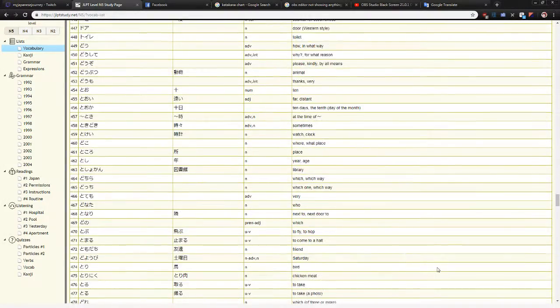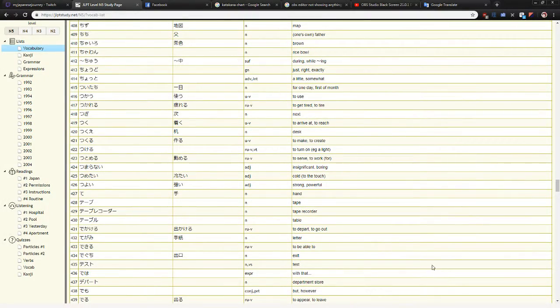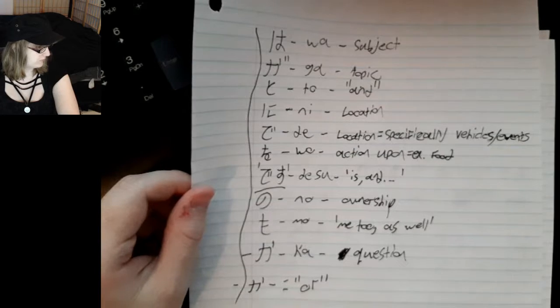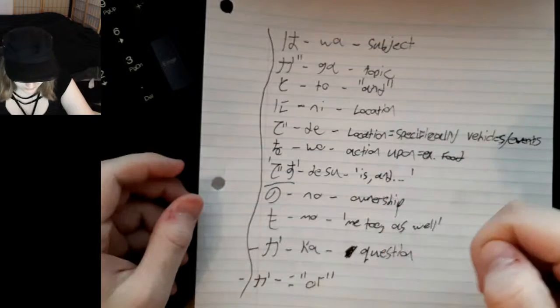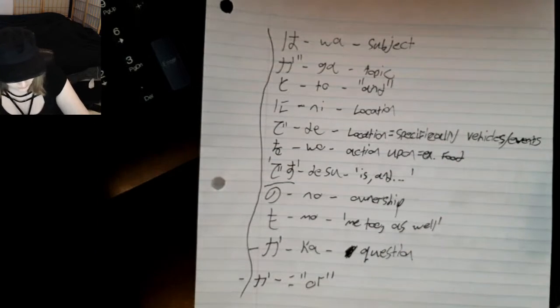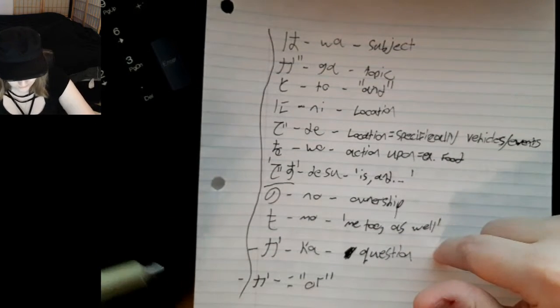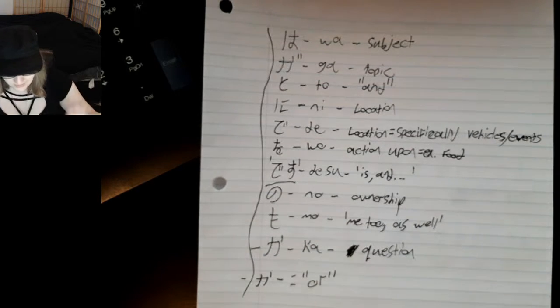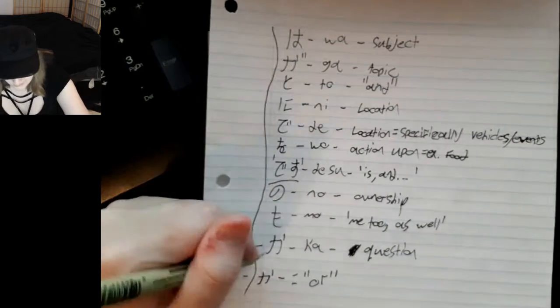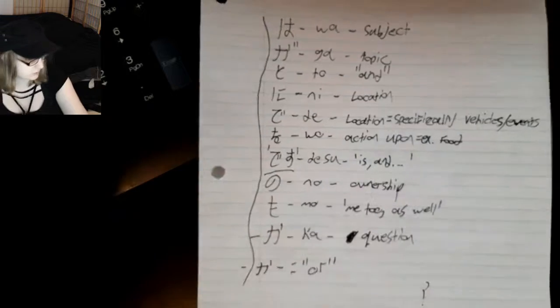Oh, yeah, as I said on the contents... Oh, sorry, I need my Discord shot. Okay. As I mentioned on the contents, when used at the end of a sentence, ka is a question. So, ka at the end of the sentence is the exact same as an English question mark.